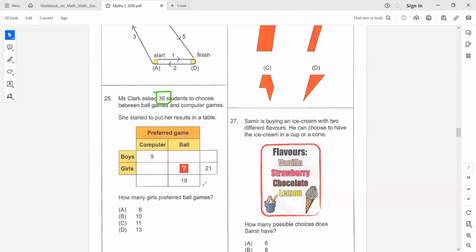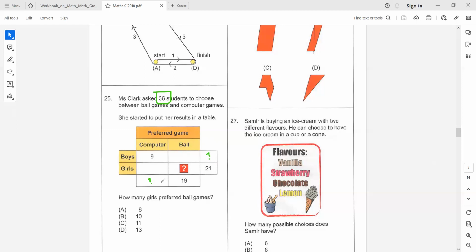Draw the total and find out. Now we are going to get the total. The boys, girls, this direction total, right? We have to find this one, and altogether 36.